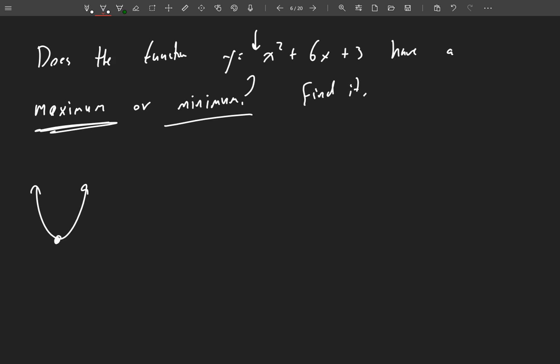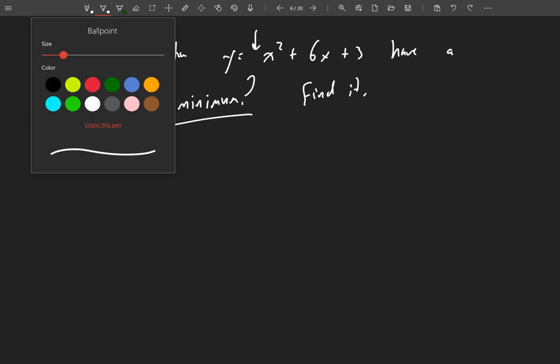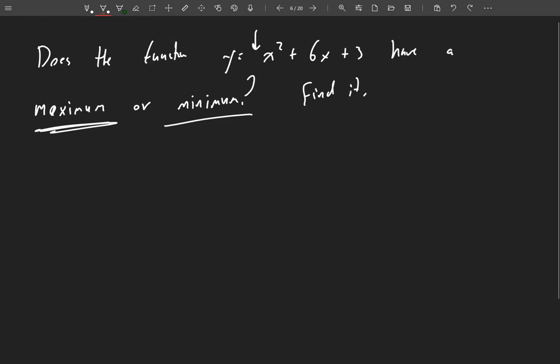And if it looks like this, then it doesn't have a maximum value. You might think, well, the maximum is going to be infinity. Well, it doesn't technically have a maximum because infinity isn't a number. So we're not going to list infinity as the maximum. This has a minimum instead. So this is a lowest value. So does it have a minimum or a maximum? It has a minimum.